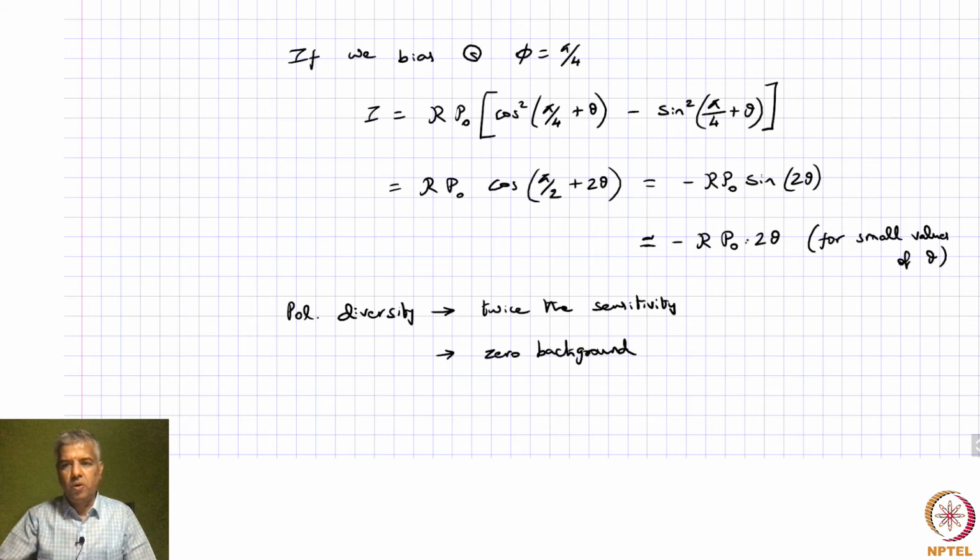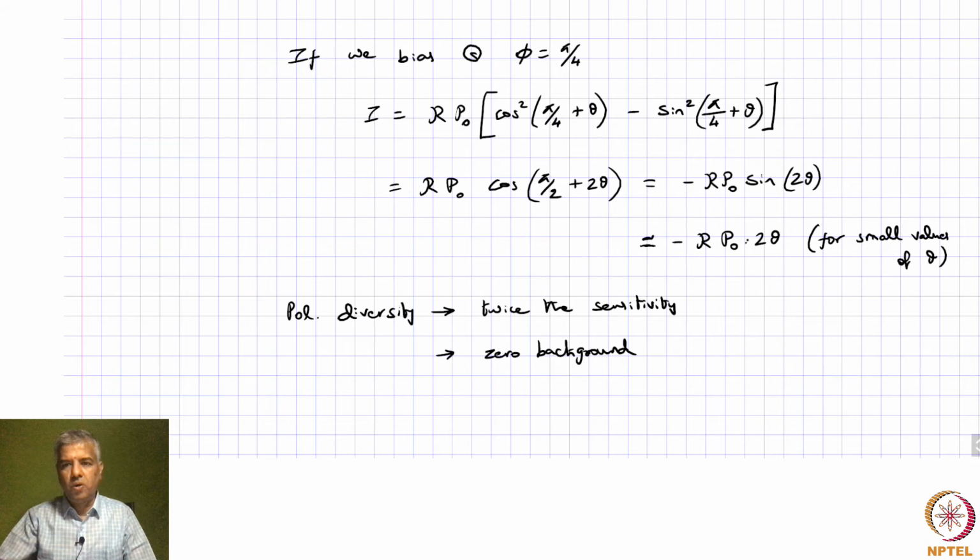So what we have seen so far is, one, we can do a polarization analysis at the output, and that is our demodulation mechanism for picking up changes in polarization. And two, if you use a polarization diversity scheme, we can do this detection with even more sensitivity and zero background.